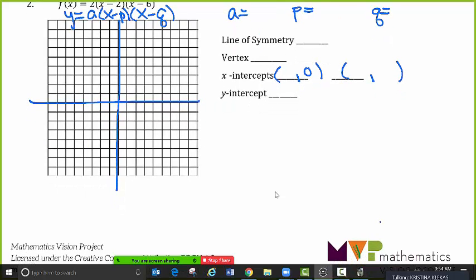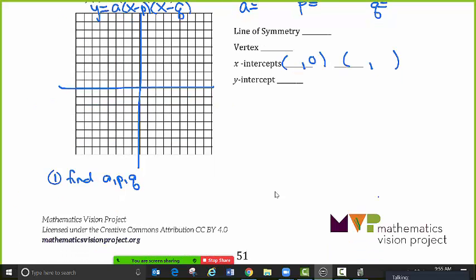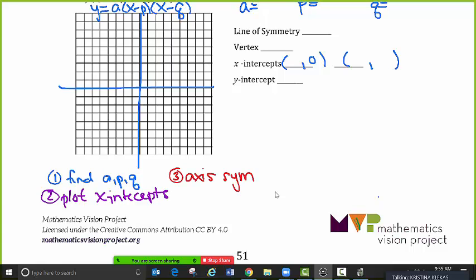So step number 1, find A, P, and Q. You're going to want these on your notes because this will help you. Step number 2, plot the x-intercepts. Step number 3, find the axis of symmetry.